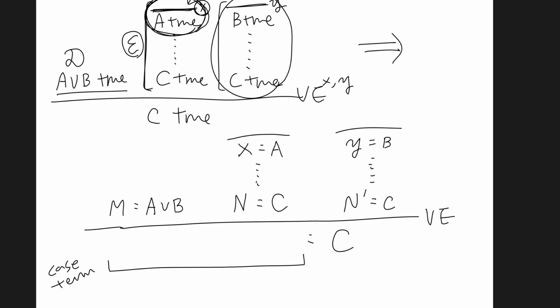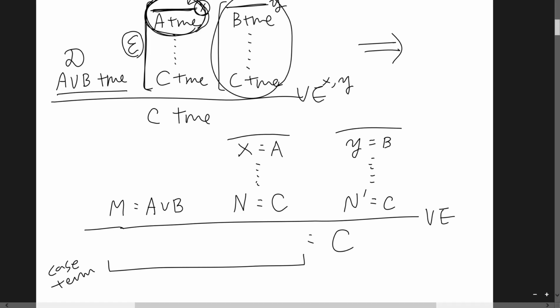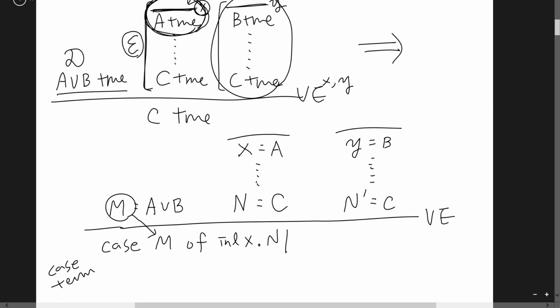So the syntax goes: case M of, so we carry this proof term over here, and then if this is injection left X, then N, or if injection right, in the right branch, we assume Y, and then you get N prime.